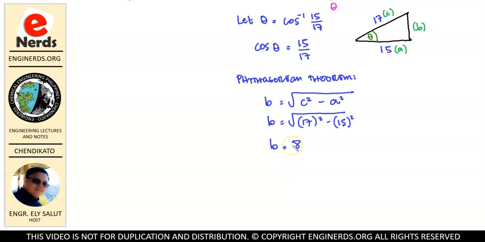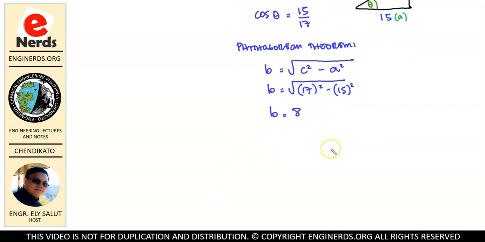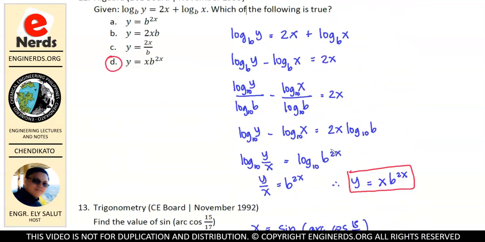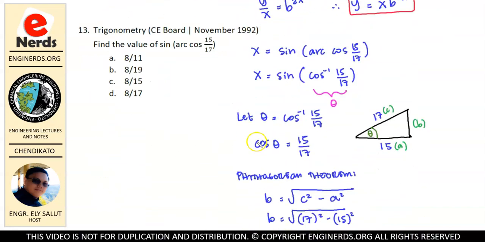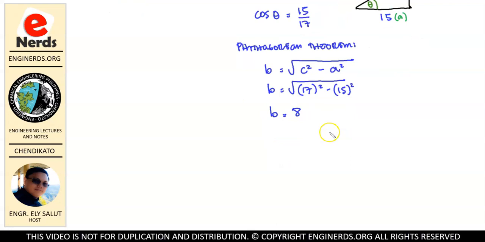Okay, pero hindi pa yan yung final answer natin because nakuha lang natin yung value ng b, which will help us to find kung ano yung value ng sin theta. So, huwag natin kalilimutan. Kailangan natin makuha is yung value ng sin theta because our cosine inverse of 15 over 17 is our theta in this case. No? Pag nakuha natin yung sin theta, we already solved for our unknown x. So, our unknown x is equal to sin theta.